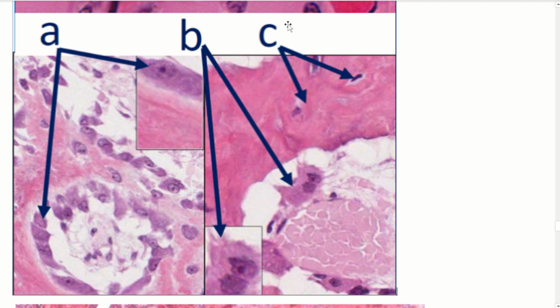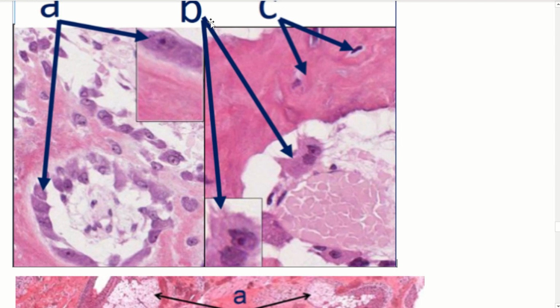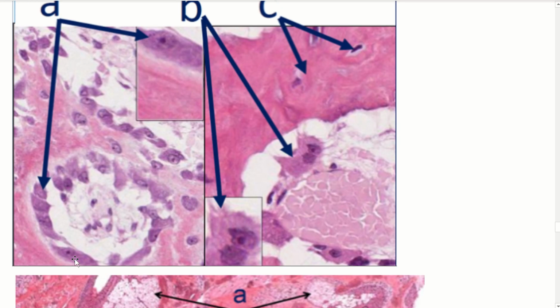And so if we look at this picture, so these all go with the same question. This is a depiction of osteoblasts. So these are osteoblasts. They're by themselves. They're lined up on that osteoid, ready to build more osteoid. They're building, they're laying down bone. This is a picture of an osteoclast.